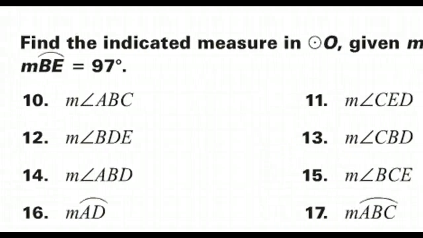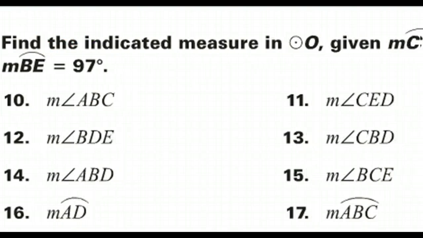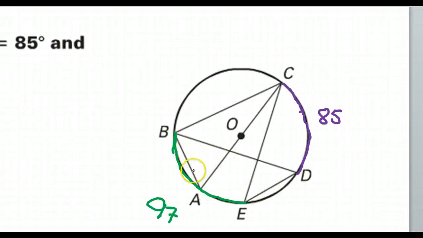So number 10, find the measure of angle ABC. All right, I will paint our target in red, angle ABC. ABC is this angle right here, A to B to C. Okay, that is the angle that we are supposed to find. Well, guess what? 90 degrees. Boom. How did I know that so fast?